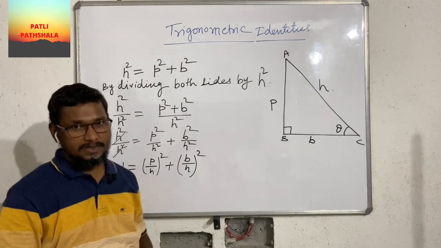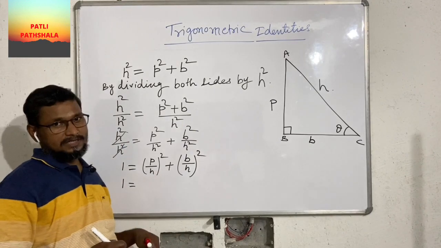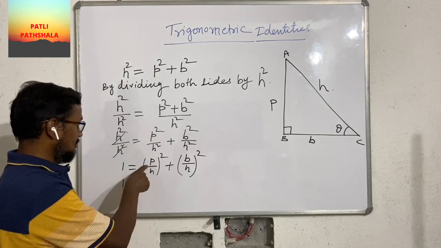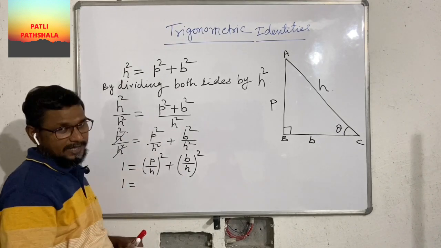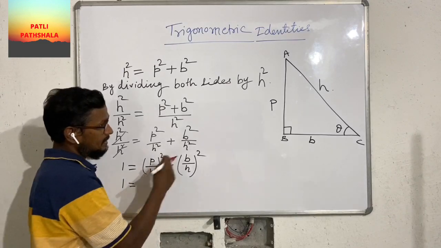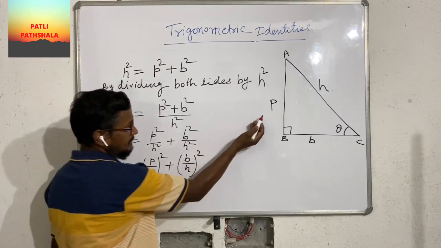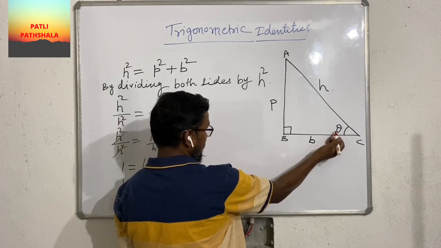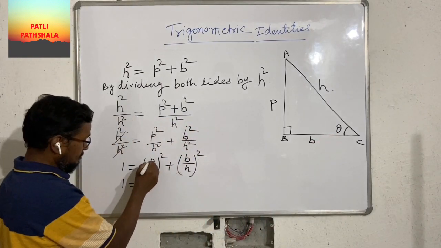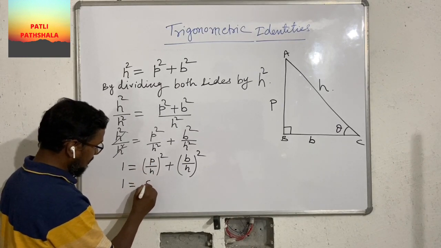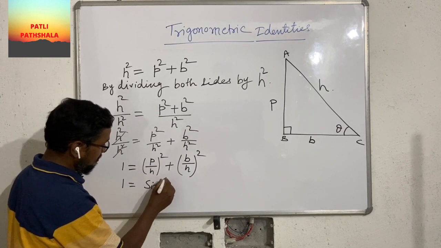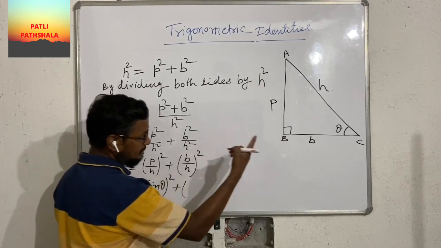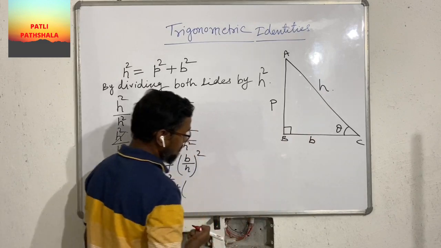In the previous video we have learned 6 trigonometric ratios. So let us recall those trigonometric ratios. Here p by h represents sine of theta, because this p is perpendicular for this angle theta. So we will write here instead of p by h, sine of theta, and square is there, plus similarly b by h, this is cos of theta.